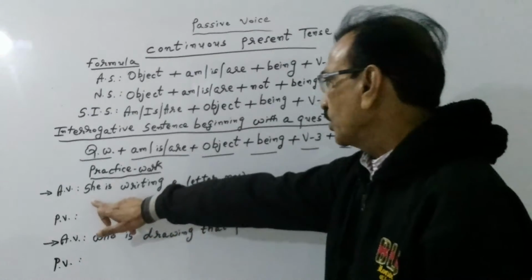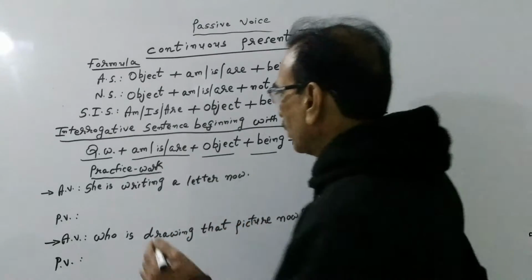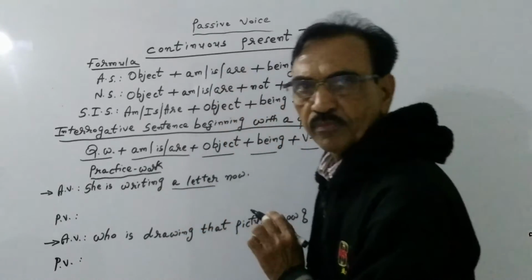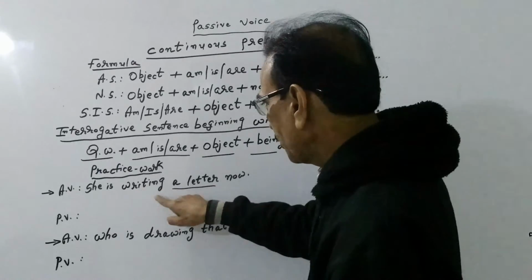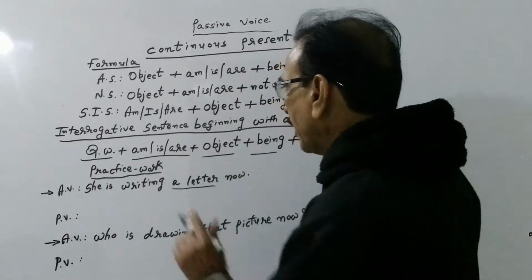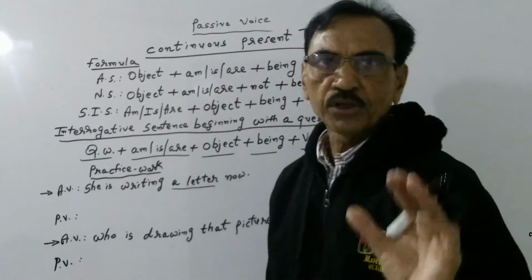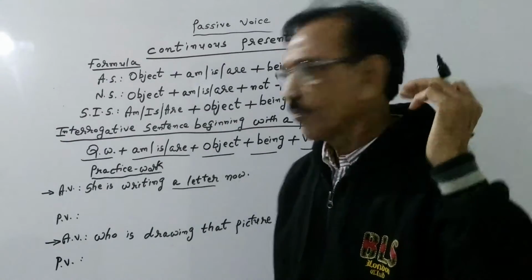I have given you two sentences for your practice. The first one is: She is writing a letter now. So what is she writing now? A letter is an object. This is present progressive tense, or present continuous tense, an affirmative sentence. I would apply this formula for changing this sentence from active to passive voice.